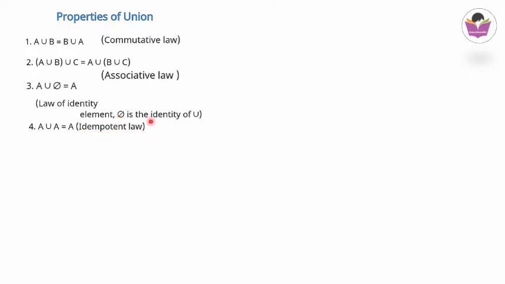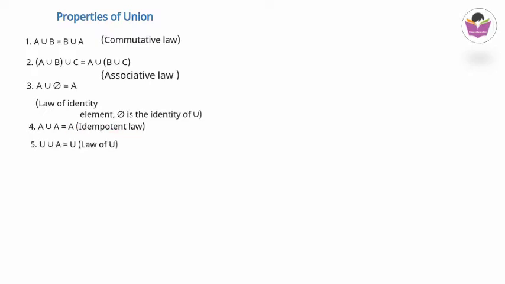And here phi is the identity of union. As we know, identity is defined this way: when you do an operation with a particular element and you get the same element, that is called the identity. So here making union with phi, we get the same set. So phi is the identity. And here you are making union with the same set and getting the same set itself. That is the idempotent law.